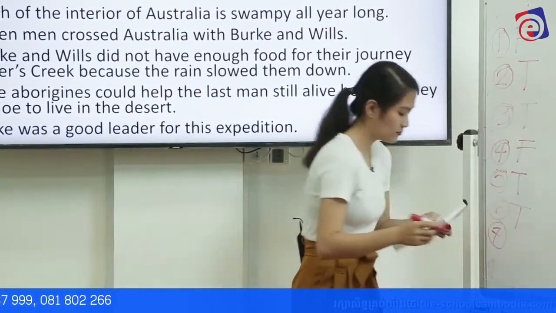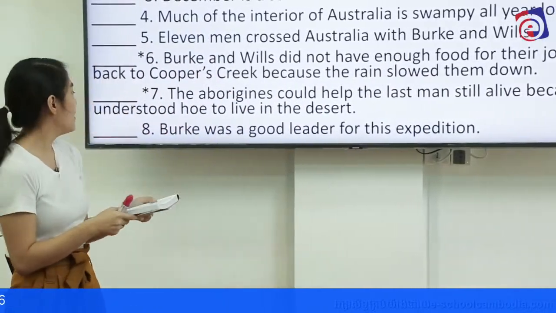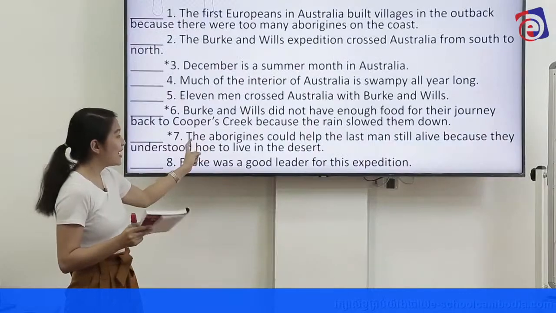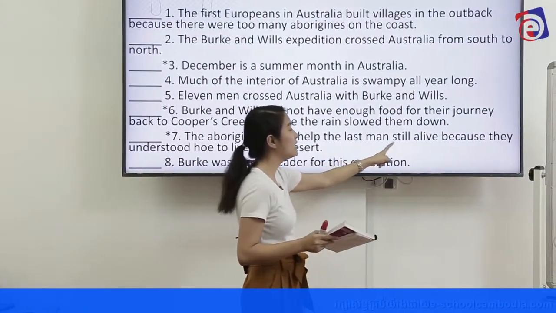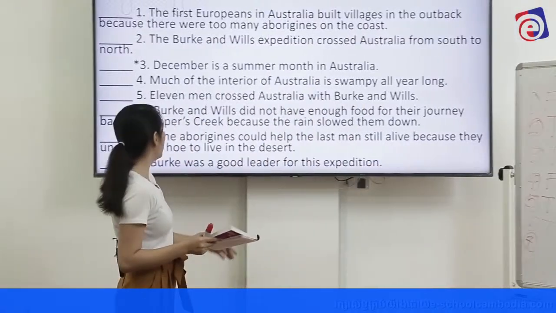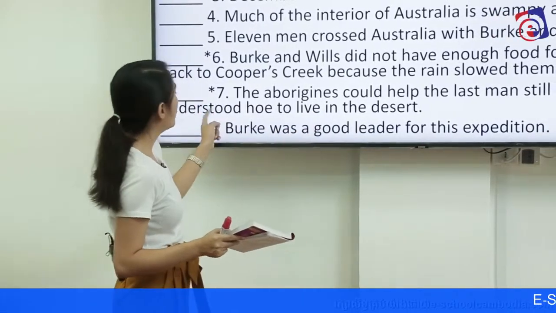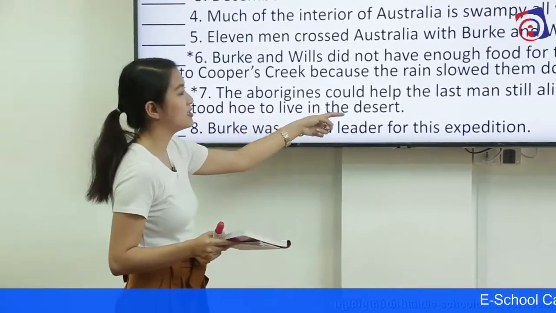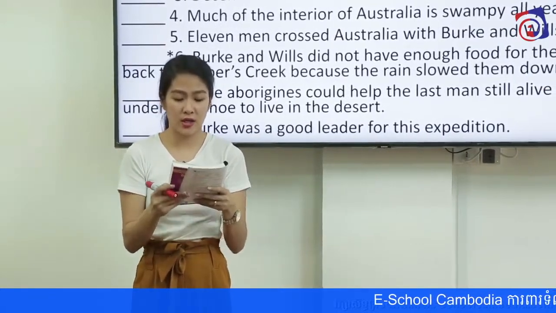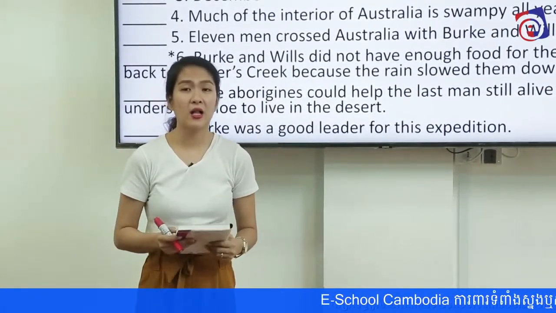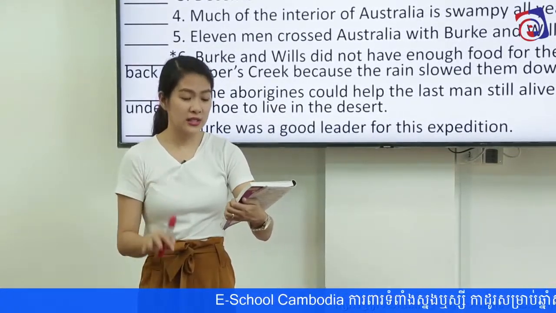Number 7. The Aborigines could help the last man still alive because they understood how to live in the desert. So the first people in Australia helped the only man who is still alive.